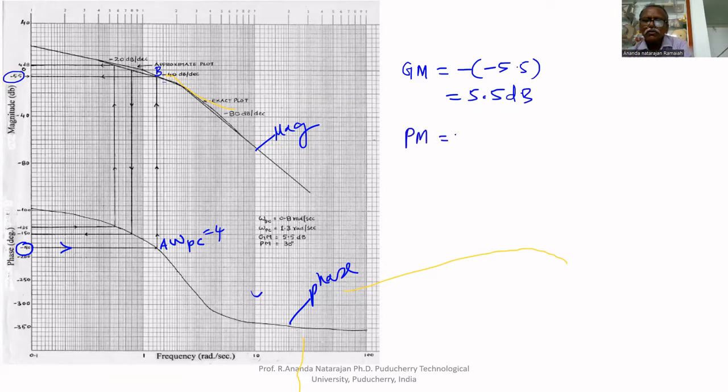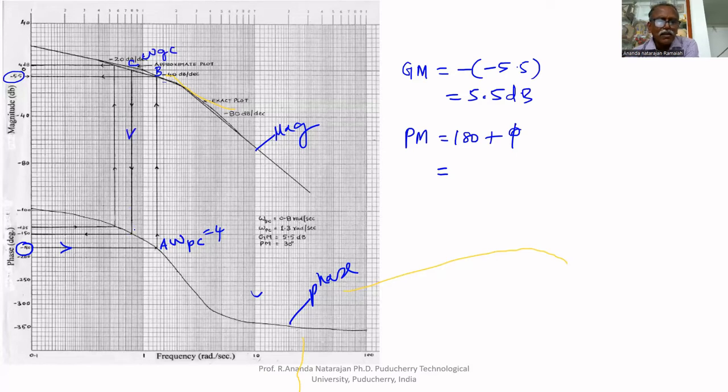What is the phase margin? Phase margin equal to 180 plus phase angle. How to find that? Draw a horizontal line at 0 dB. It cuts at C. The frequency at C is called omega GC, gain crossover frequency. Draw a vertical line.